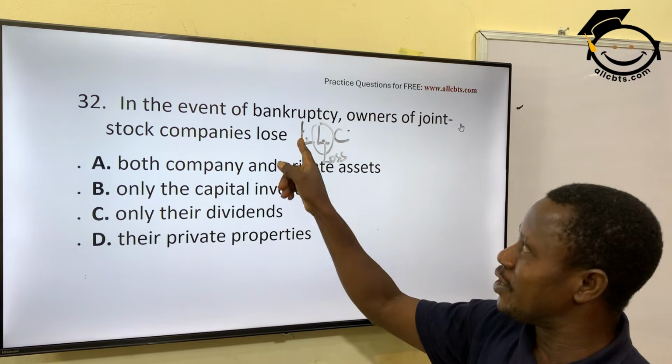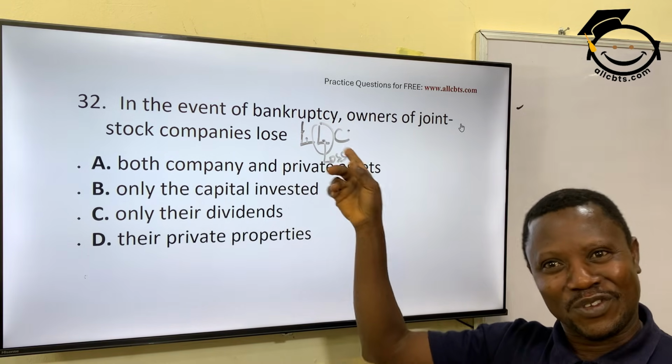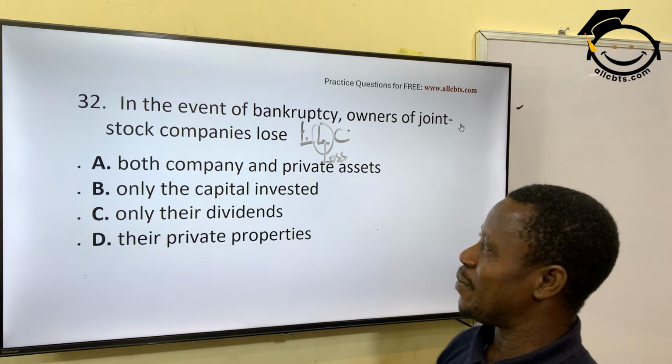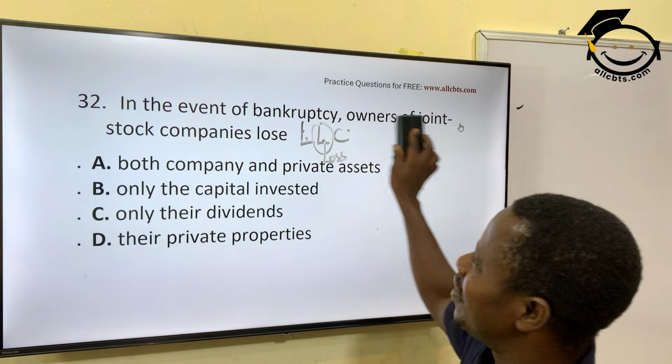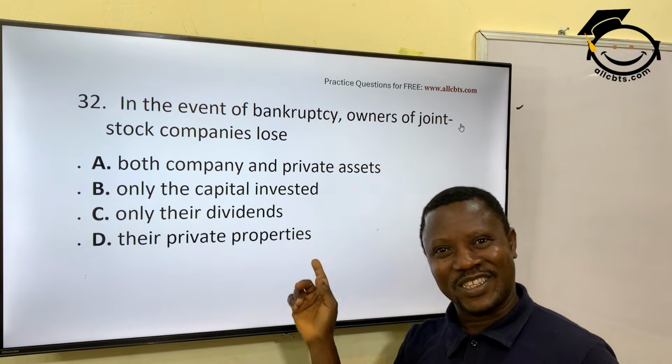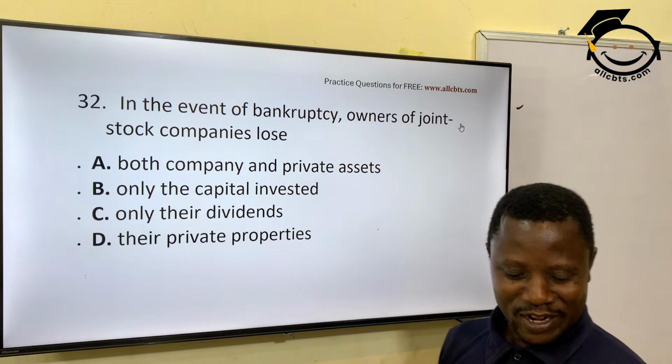My loss is limited to my company. So if you're able to follow that, you'll be able to identify a joint stock company. Only the capital invested. Option B is the correct answer. My liability is limited to my company, my capital.